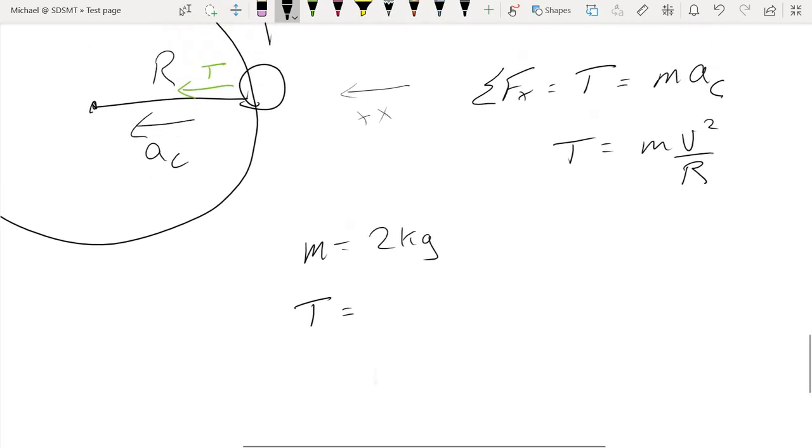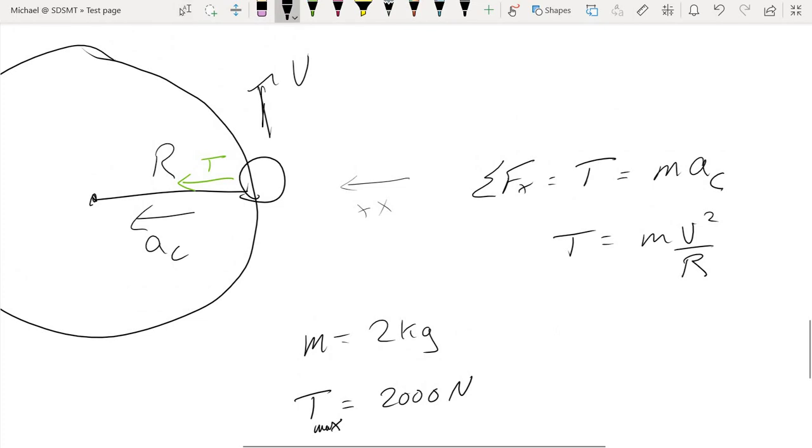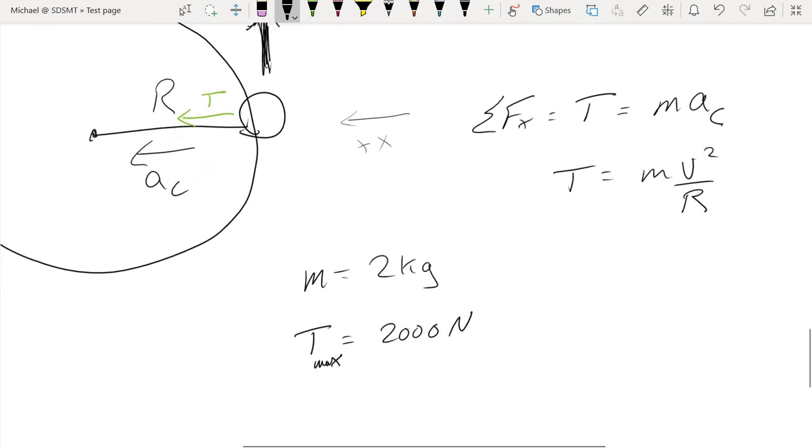But let's say this particular rope has a rating of 2,000 newtons. So this is the maximum value of tension that rope can support. If we exceed that, the rope will break, and if the rope breaks, then that rock is going to travel off in that velocity direction, whichever direction it happens to be in.